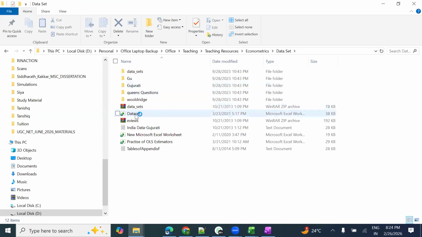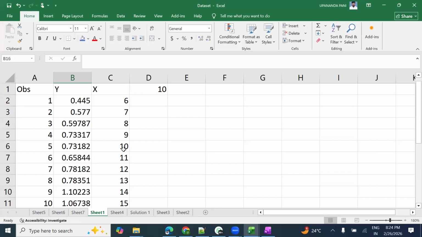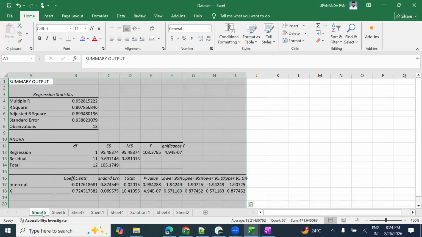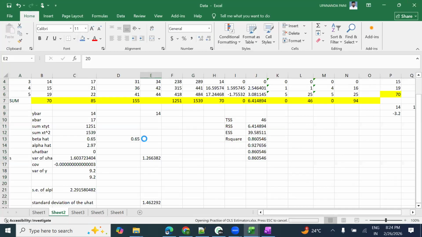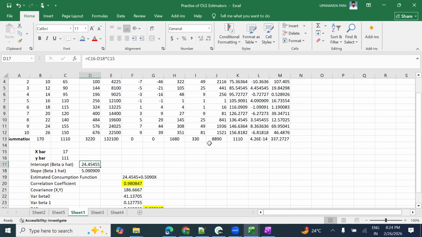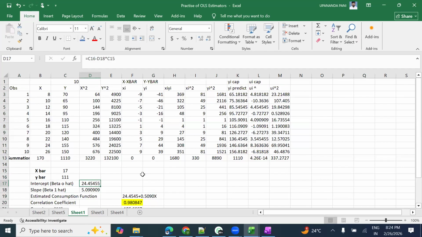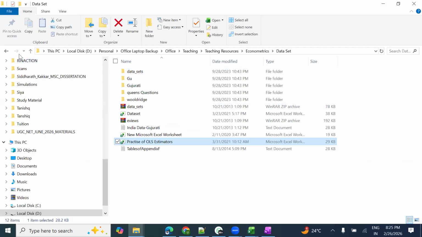Gujarati data set, let's see. This is one data, I have to check, but I think this must already be there. This one is there from the Gujarati data set. I am telling you, this book is very important.